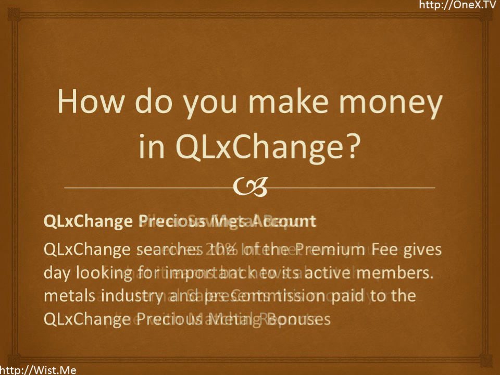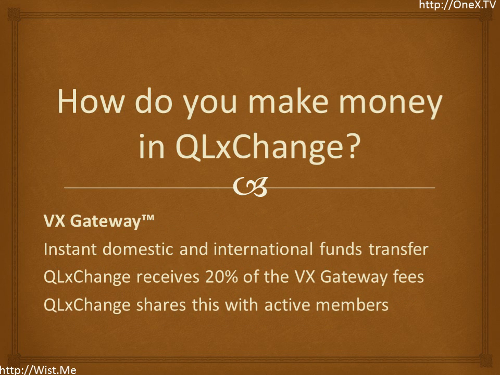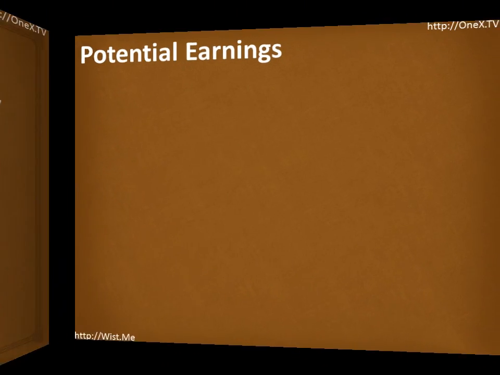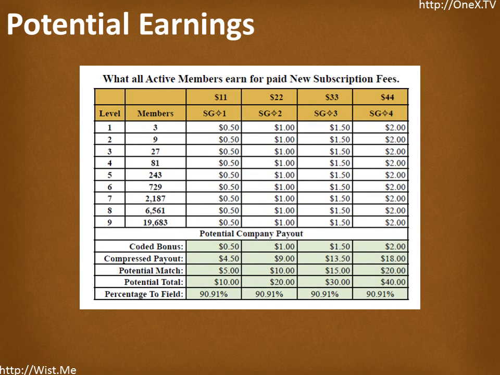Okay? And the beauty is that the people using this gateway, you will not know who these people are, because do you know who is using STP? Do you know who is using Alert Pay? These are people who have nothing to do with 1x. These are people who have nothing to do with QLxChange.